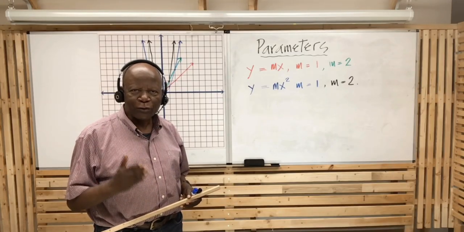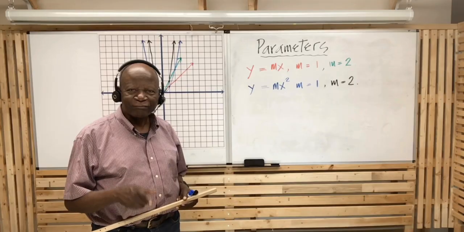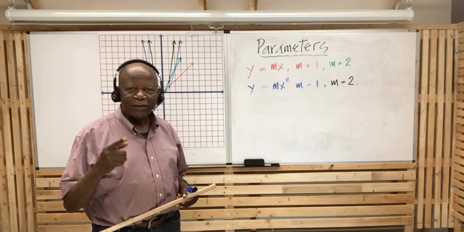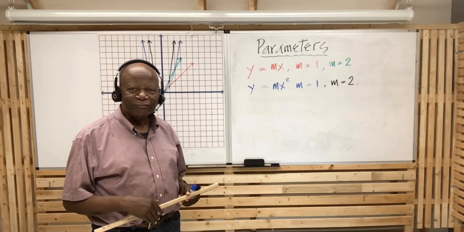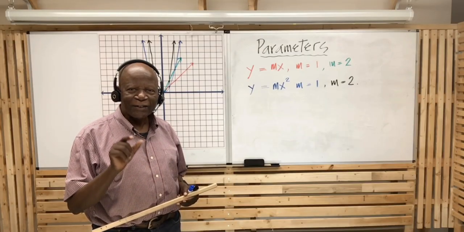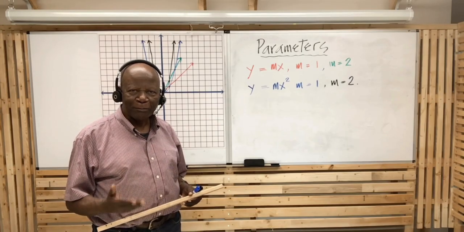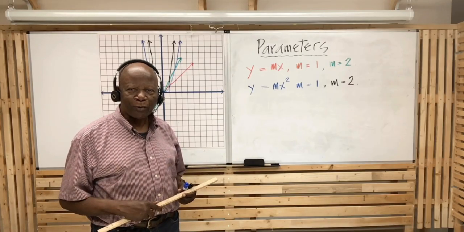You are going to be coming across them in many different ways. In fact, parameters serve as constants in formulas because they are used as constants in some formulas. But we shall come across them as we make progress.